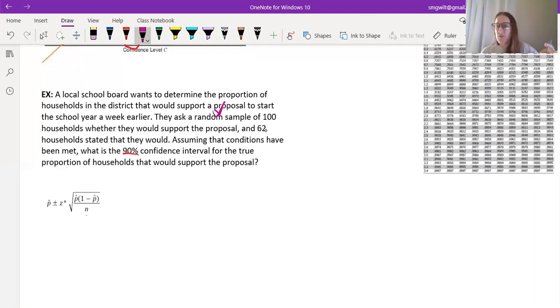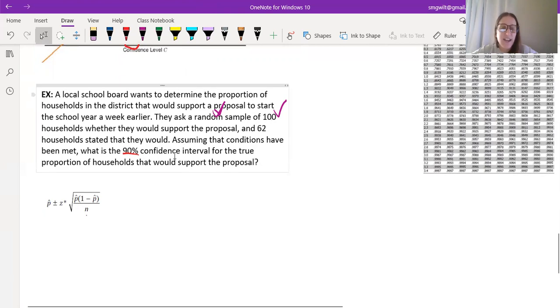There's more than 100 students in one elementary school, right? So this is telling us that it's probably a lot less than 10%, which is why they're not giving us that finite level. And 62% of households state that they would. So assuming conditions have been met, what is the 90% confidence interval for the true proportion of households that would support the proposal?